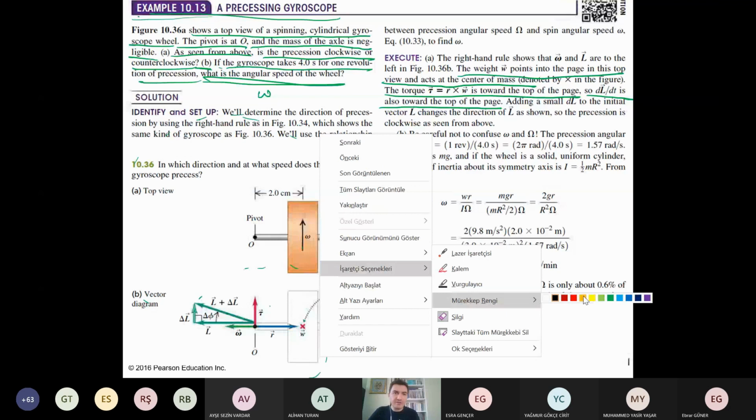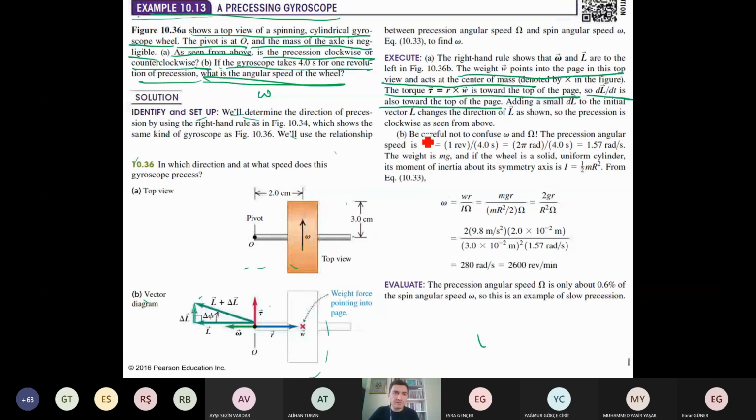What was the second question? What is the angular speed of the wheel? This omega is asked. So we know that this is given with this expression: weight R over I omega. And if you take omega from this expression, then you can get this expression.